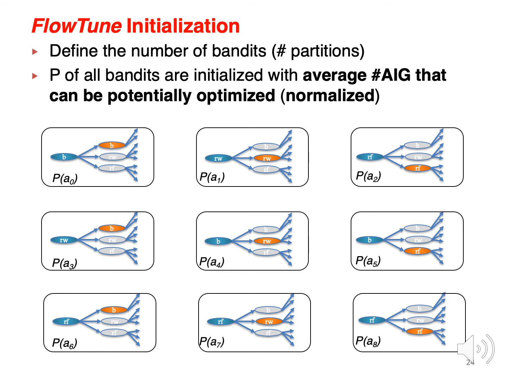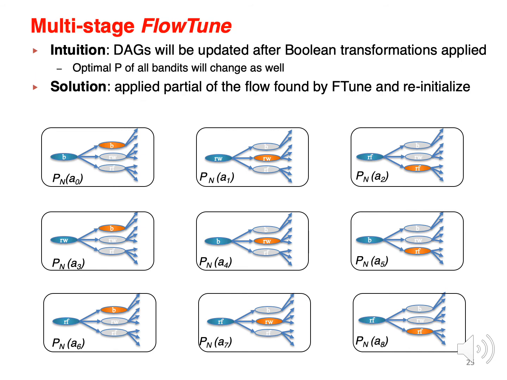So remember that if-else statement that can be triggered; we count that as our initialization metric. Of course we normalize them, and then we generate a probability for each of the bandits. Because a lot of things here can be run in parallel, OpenMP is used to accelerate the initialization process.